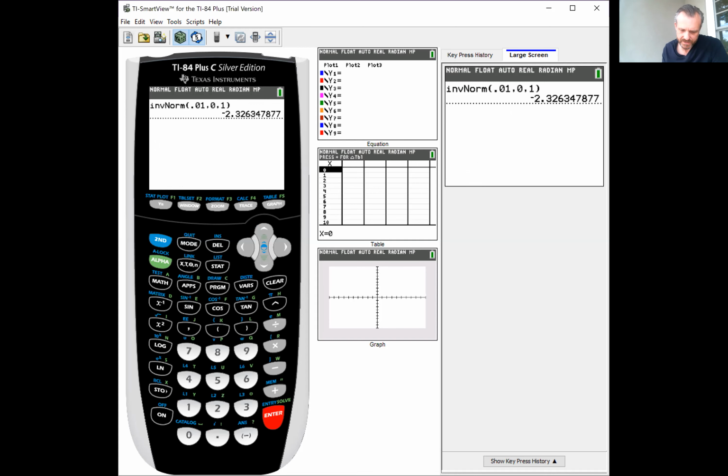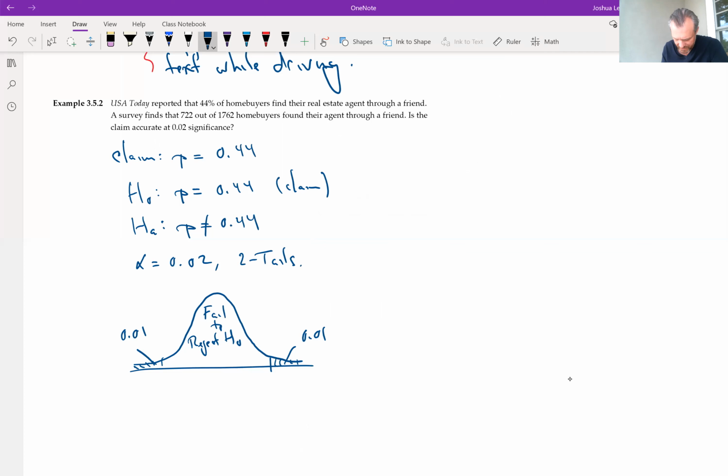And so my critical Z is negative 2.326. So I know this one is positive 2.326. Right? So now I've got my measuring stick.